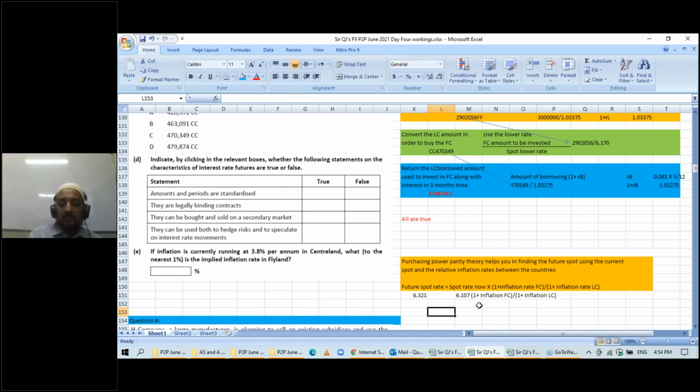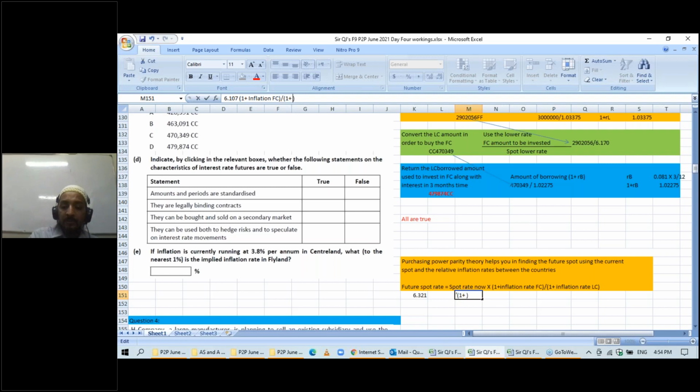So now, putting in the figures, I can put the figure in the denominator as well. The inflation in the local currency has been mentioned in requirement E, which is 3.8%.